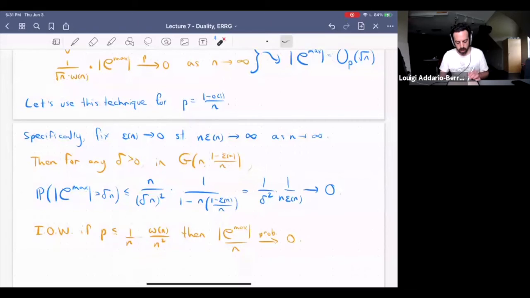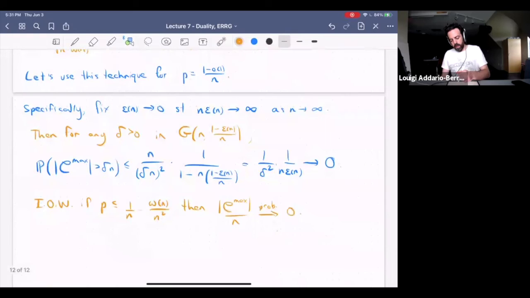So really a result that holds for this value of p would also hold for p equals 1 over n. Curiously, the main reason I wanted to present this technique to start, aside from the fact that it's really easy, is that in an important special case, it actually gives tight bounds. So that's the last thing I'll say about this technique before I go on to the case p greater than 1.